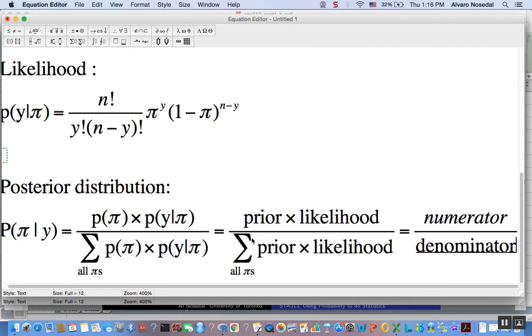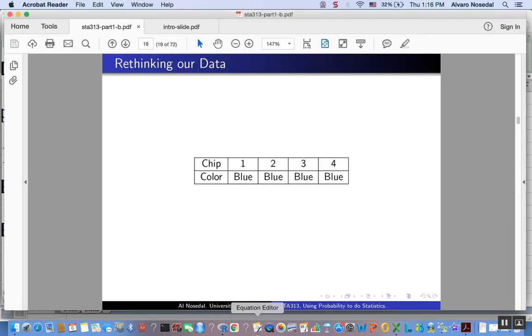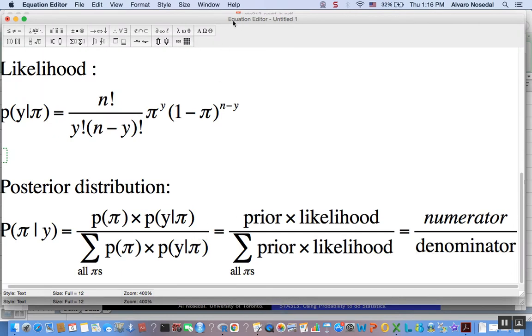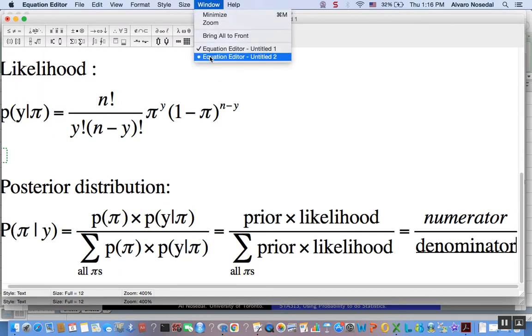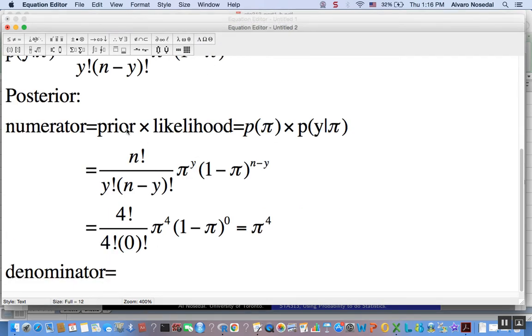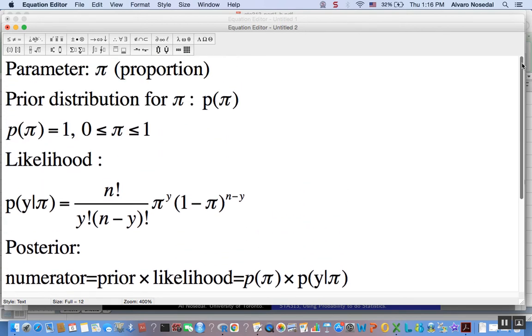Now, let's talk about that denominator that we need to find to obtain our posterior. It's the sum of all these products for all possible values of pi. What we need here is the sum of all possible products of prior times likelihood for all possible values of pi. But now pi lives in an interval from 0 to 1.